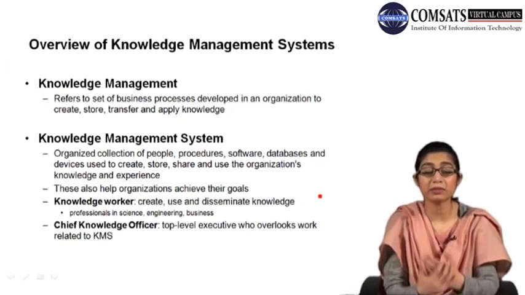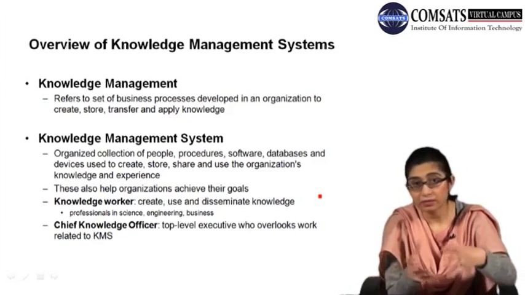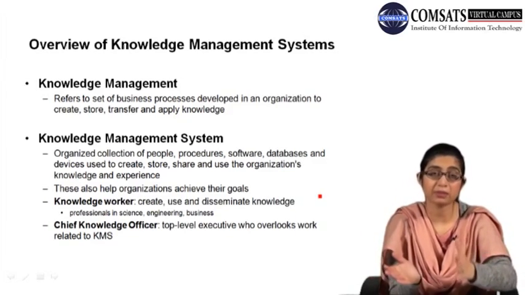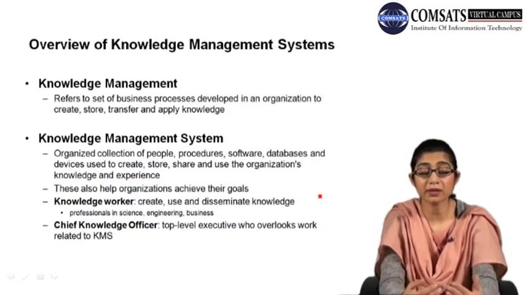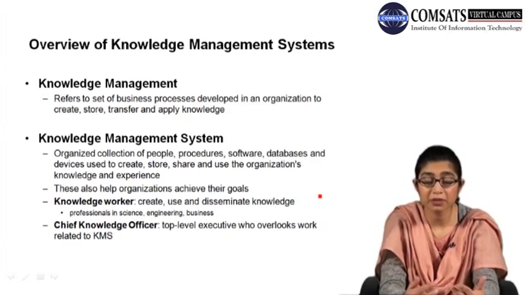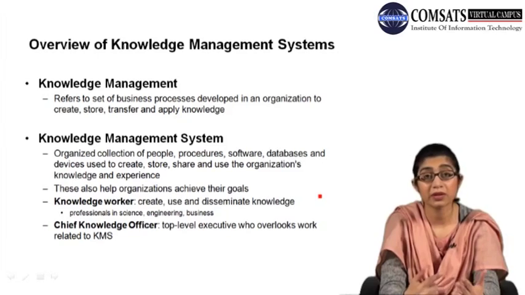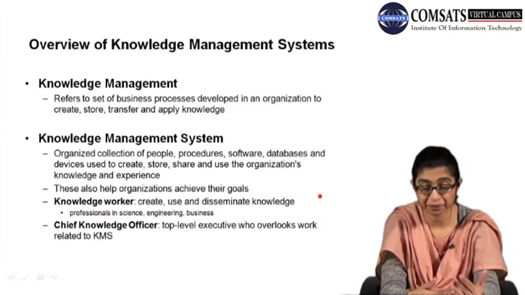So when you talk about knowledge management systems in terms of information systems, it is an organized collection of people, procedures, software, hardware, databases and devices used to create, store, share and use the organization's knowledge and experience.